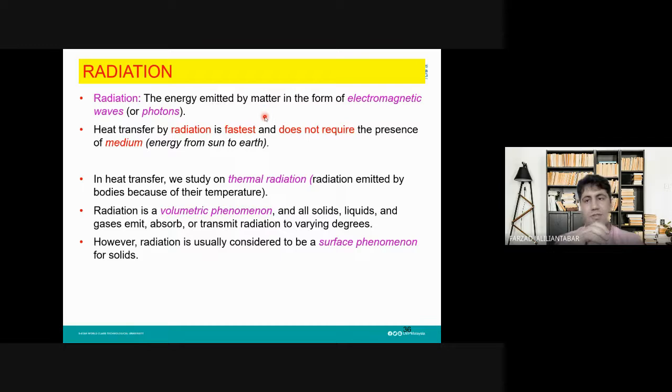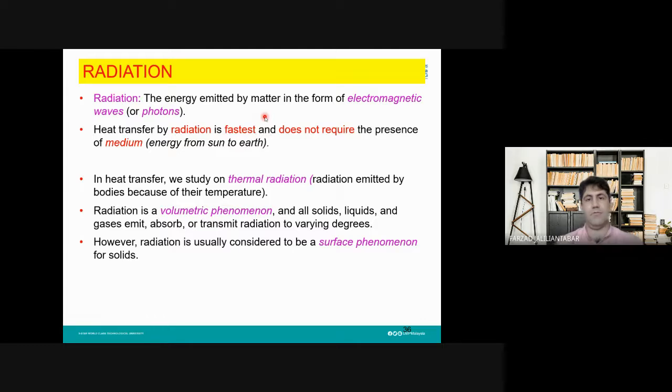This radiation does not only come from the sun; we have radiation from different sources. Any source of radiation, like a light bulb or any type of emitting device, can produce this radiation energy.